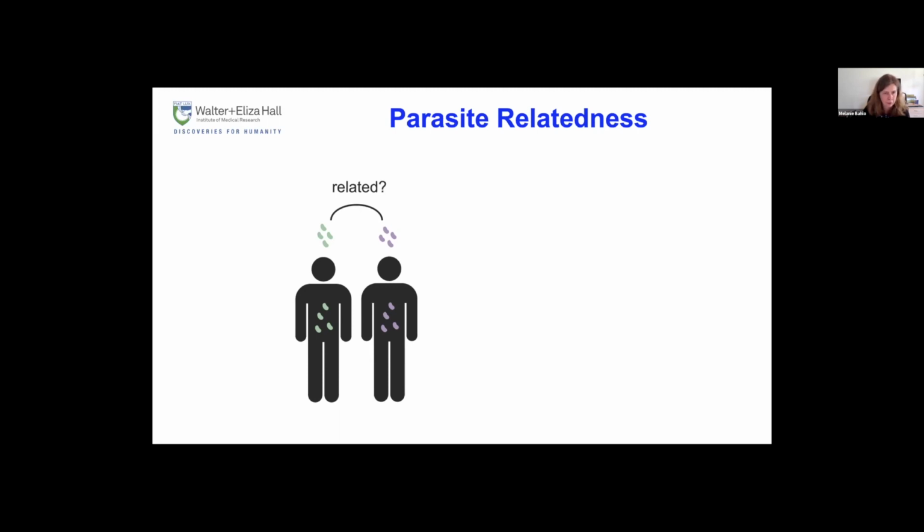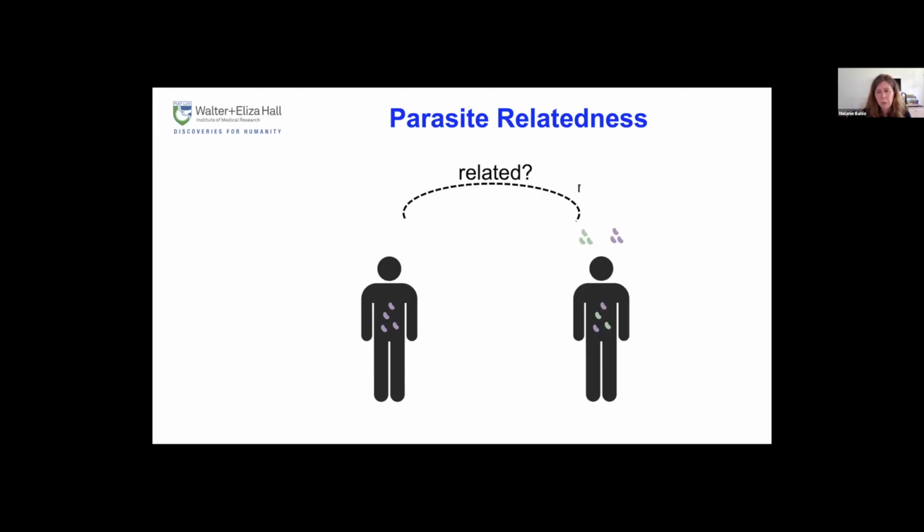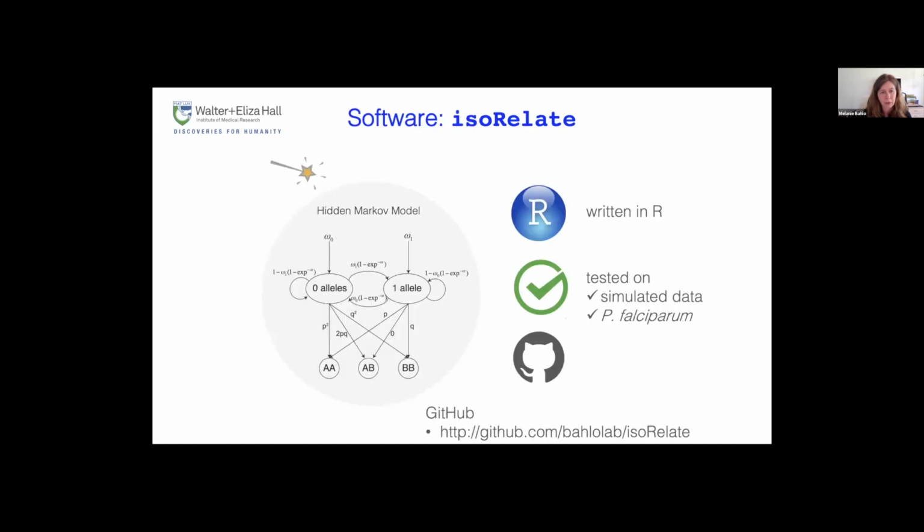So we would like to ask whether pathogens in two individuals are related. We're not asking whether the individuals are related, we're asking whether the Plasmodium falciparum that has infected these two individuals is related. And the complication here is, of course, that some individuals have more than one infection, and so this becomes a lot more complicated.